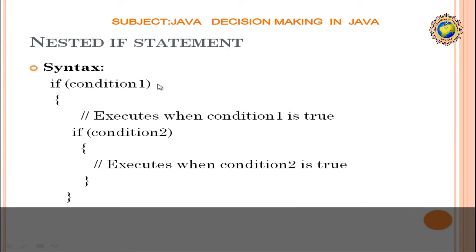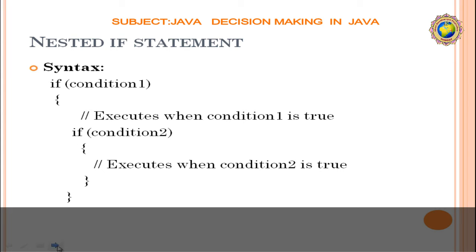Syntax: if condition 1, then execute when condition 1 is true. Otherwise, if condition 2 is true, then execute. First condition 1 is verified, then condition 2 is verified. If this is fulfilled, then it goes to the next part. So this is about the nested if.